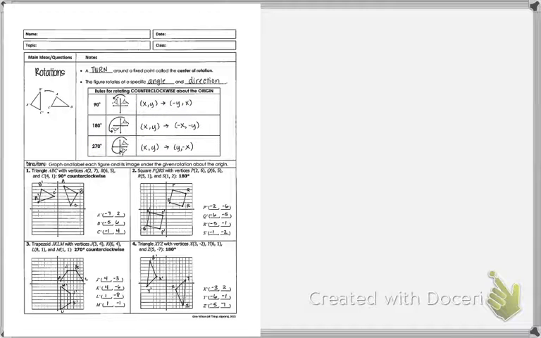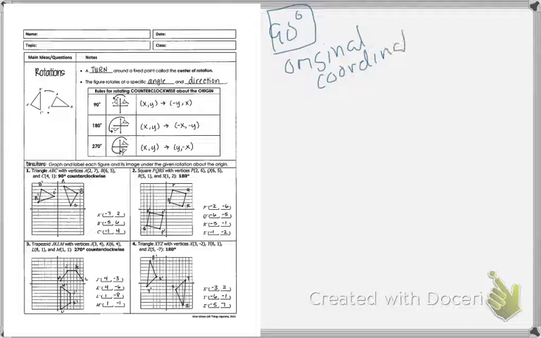So, let's go. Our first rotation is 90 degrees. Okay. So here are the steps. If you're going to rotate 90 degrees, you're going to have your original coordinates, all your beginning coordinates.